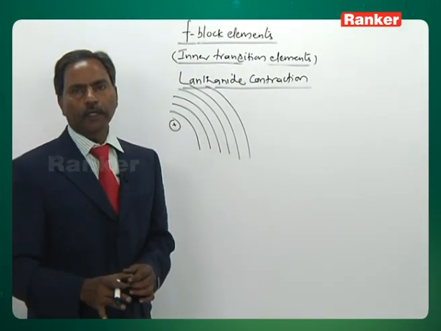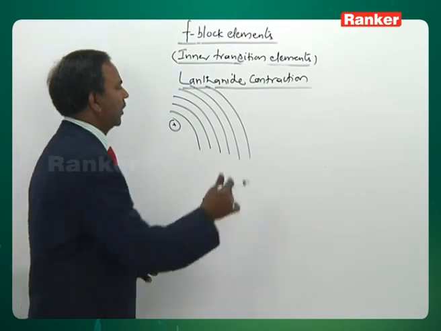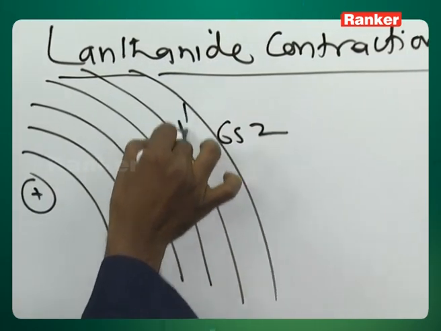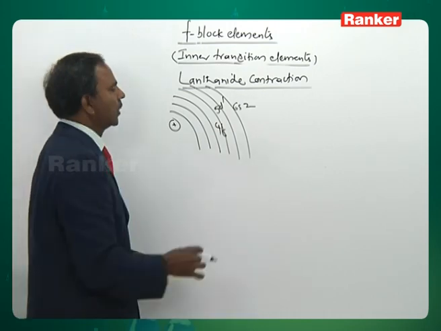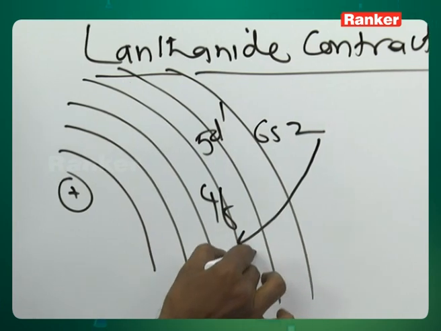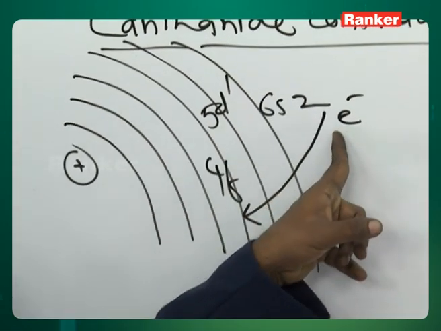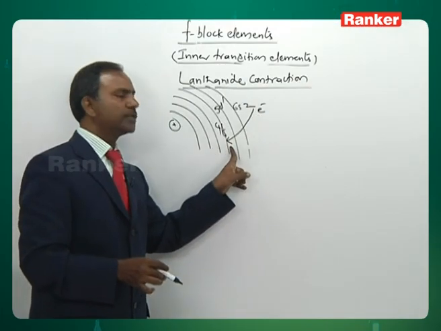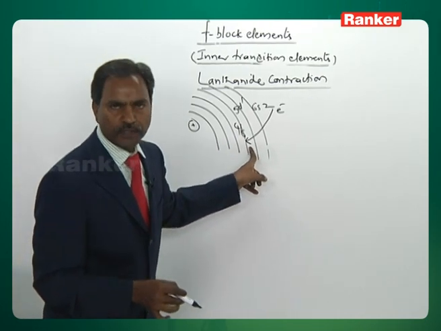The electronic configuration is 6s2, 5d1, 4f1 to 14. In the case of lanthanides, the differentiating electrons are entering into f orbitals of the antipenultimate shell.